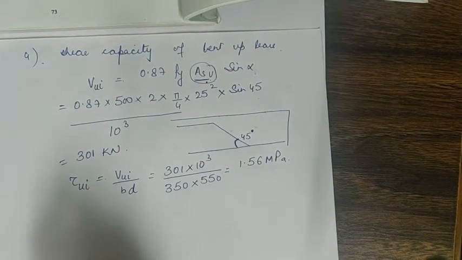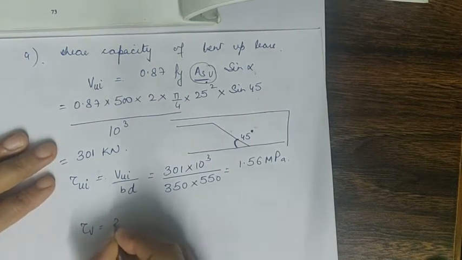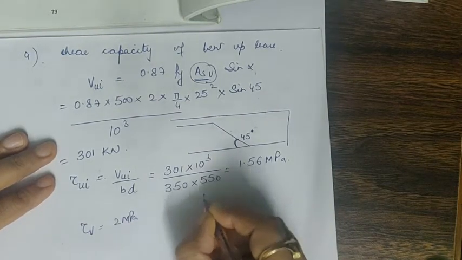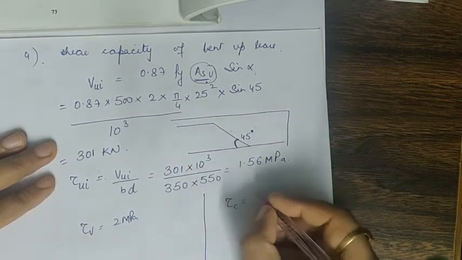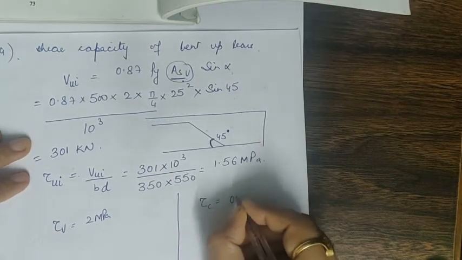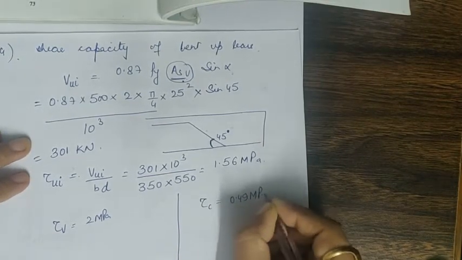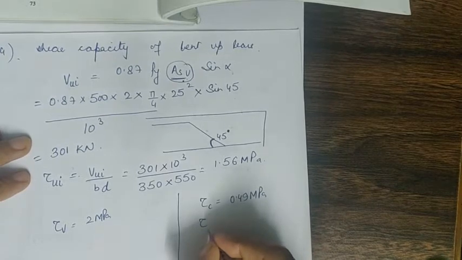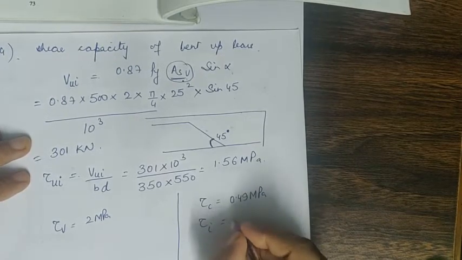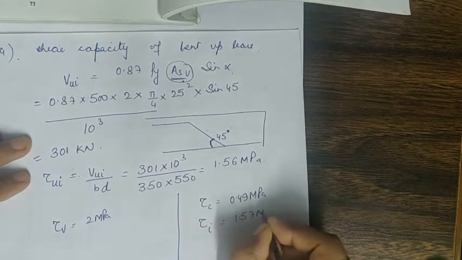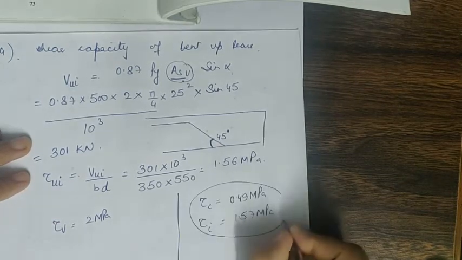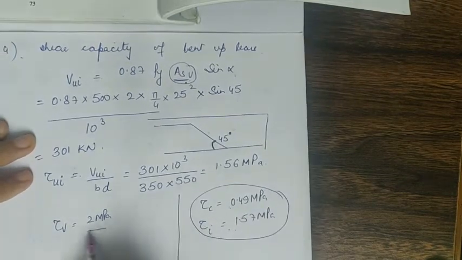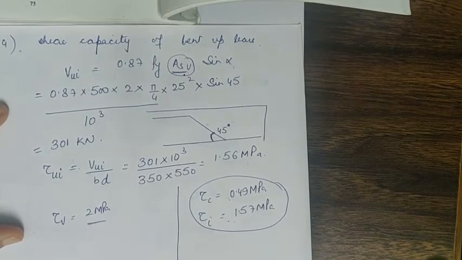Therefore, tau V was 2 megapascal. It is resisted by tau C of concrete as 0.49 megapascal and tau of bent up bars as 1.57 megapascal. So if we club the two, you will get a value greater than 2 megapascal.